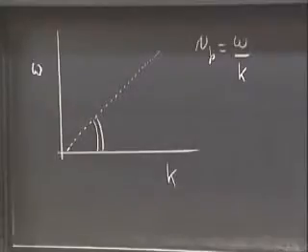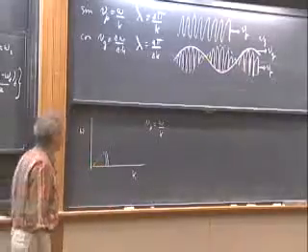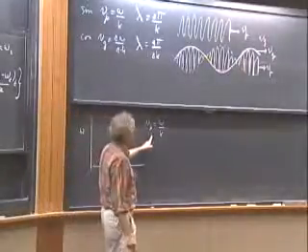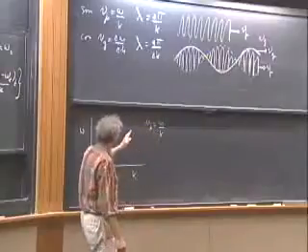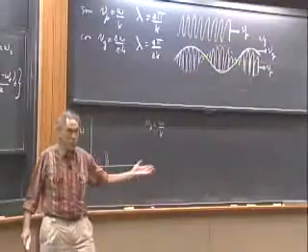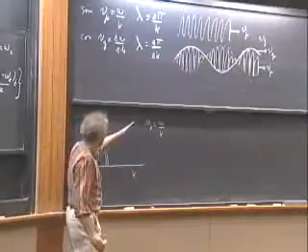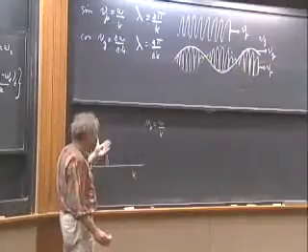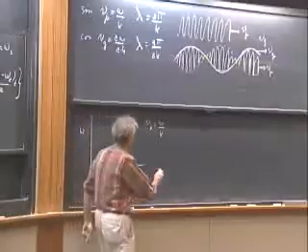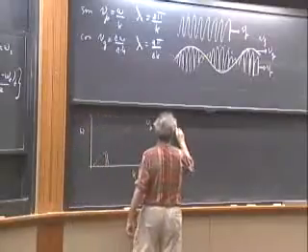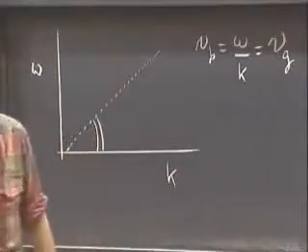That all waves, regardless of frequency, have the same phase velocity. And so you will see, since the group velocity is d omega dk, which is the tangent of this line, that the group velocity is the same, of course. Because if you take the tangent of this line, no matter where you take it, that is the same slope. So this is also the group velocity. And so this is a non-dispersive medium.